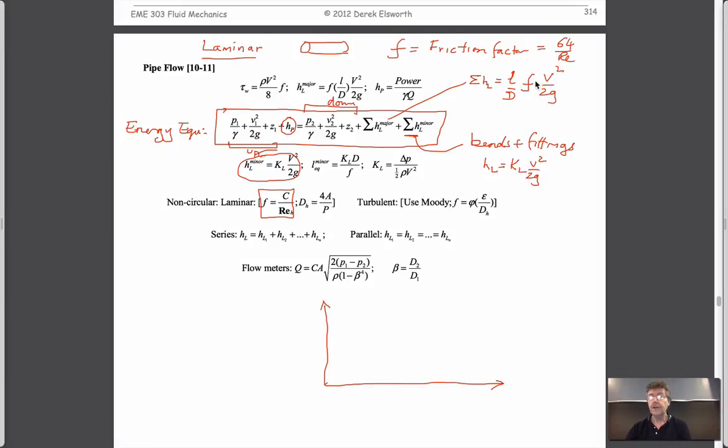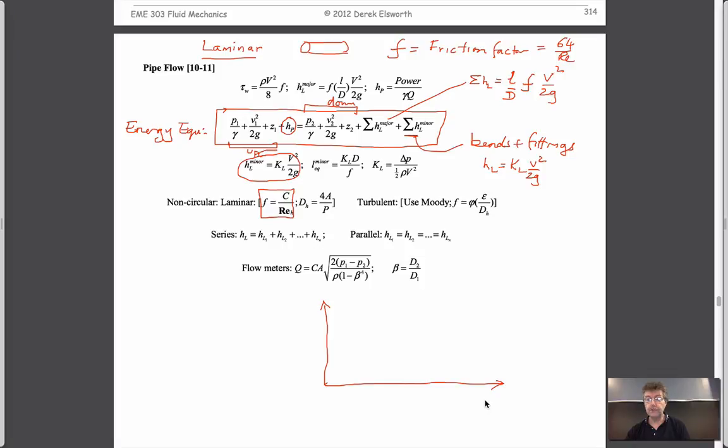The velocity of the flow in the system, which we'd like to know. Perhaps we'll know in some cases, perhaps we'll have to iterate towards it in other cases. It's going to be indexed by the length of the pipe to its diameter. So if we double the length of pipe, we'll double the frictional loss. If we quadruple the length of pipe, we'll quadruple the friction loss. So it scales with that. And whatever the magnitude of this friction factor is.